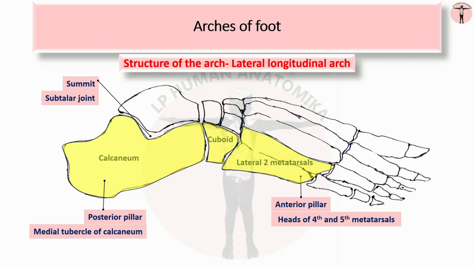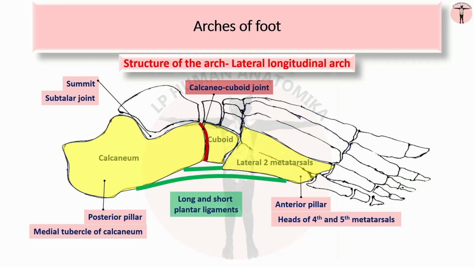The most vulnerable part is formed by the calcaneo-cuboid joint, which is supported from below by the long and short plantar ligaments. This arch is rigid in nature because of a smaller number of bones and joints.